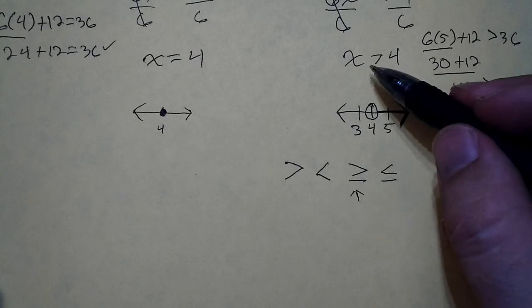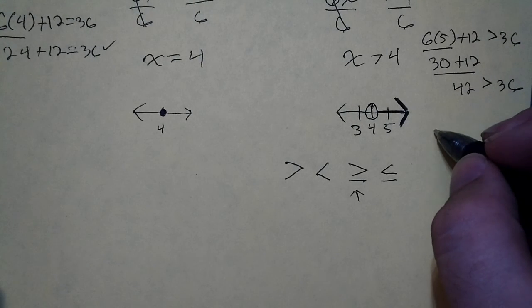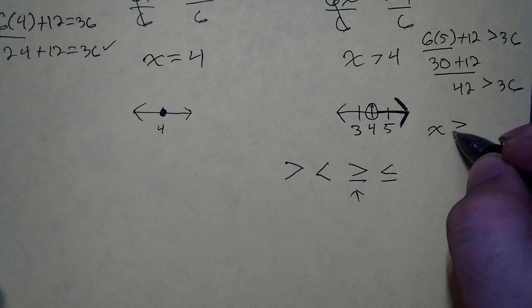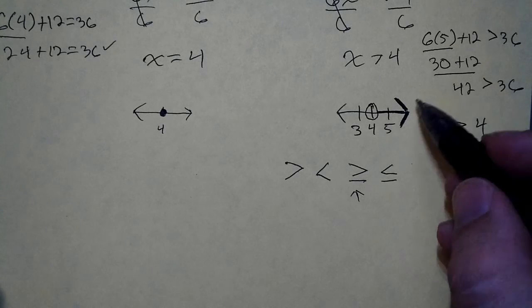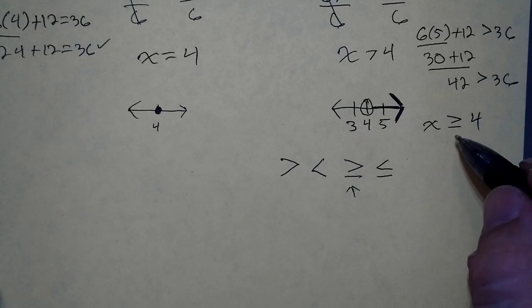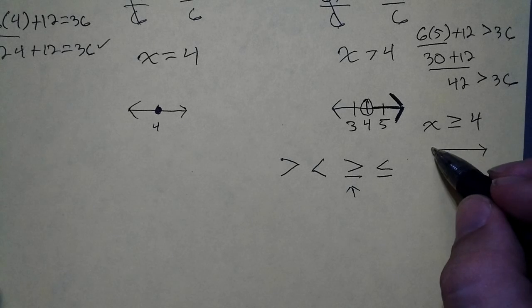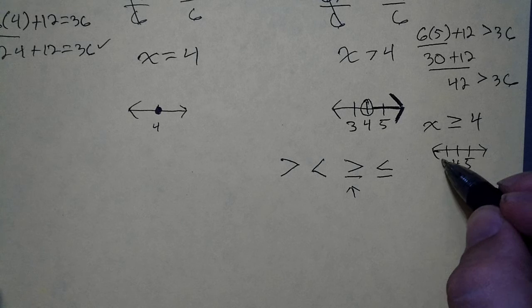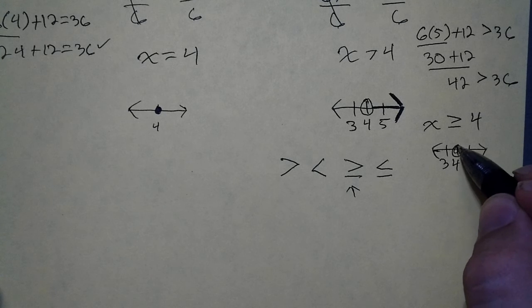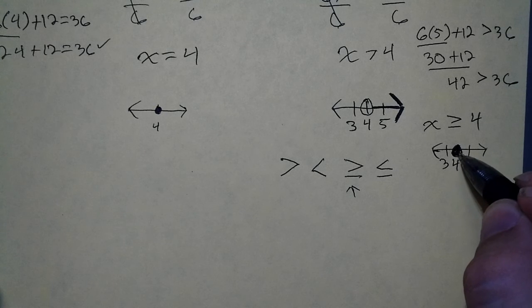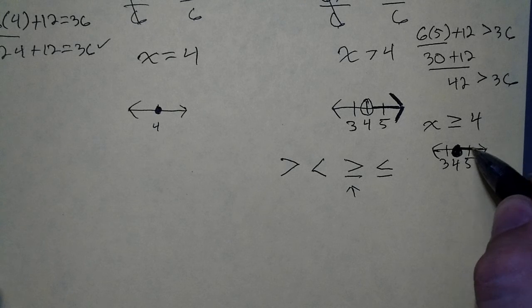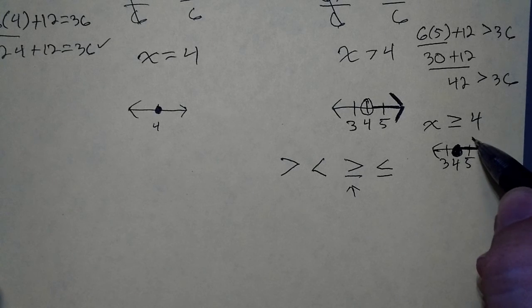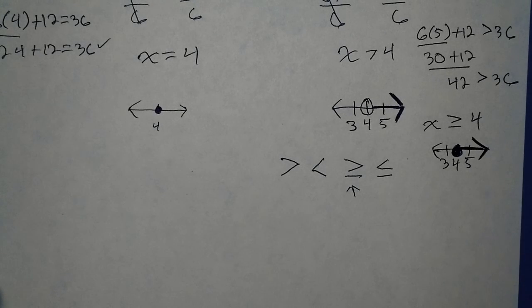For example, if this, instead of greater than, had the symbol x is greater than or equal to 4, then we would have to include 4 as a value. So it would be all of the values greater than 4, but 4 would be included. So let's bubble that in so we can show that it's included. And then highlight all of our bigger answers.